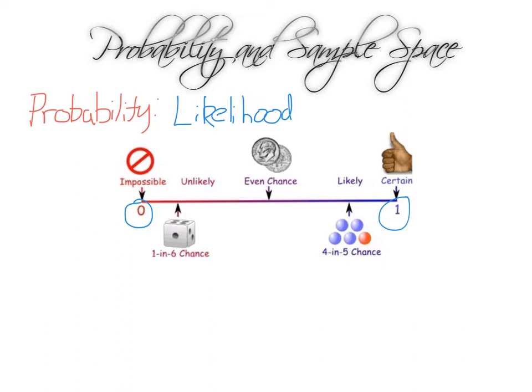It allows for comparison. So, for example, you might say it's really likely that it'll be sunny today. Your friend might say, yeah, it's probably going to be sunny. But it's pretty hard to tell who actually thinks there's more of a chance of it being sunny. It's hard to compare those probabilities.